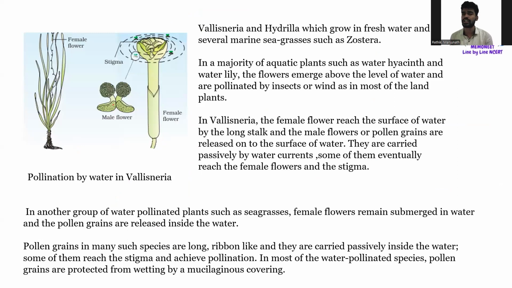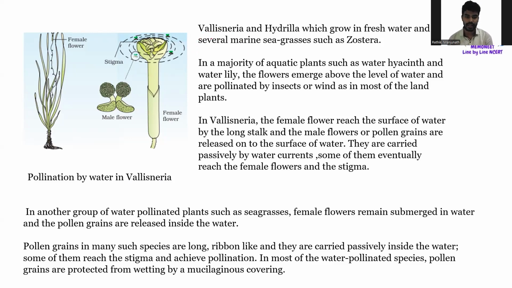Now, what about water pollination then? One has to know, right? What about water pollination? Yeah, we'll just look at water pollination. So one example of water pollination is the lower group of plants such as algae, bryophytes, and pteridophytes. Some of them commonly pollinate in the water itself.